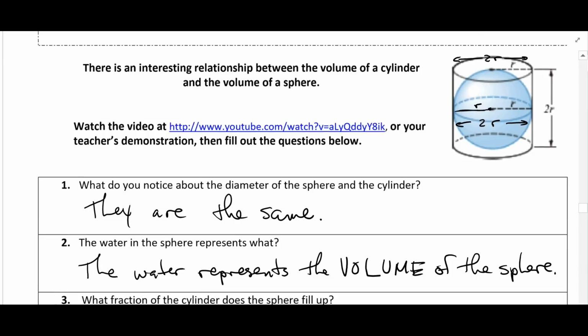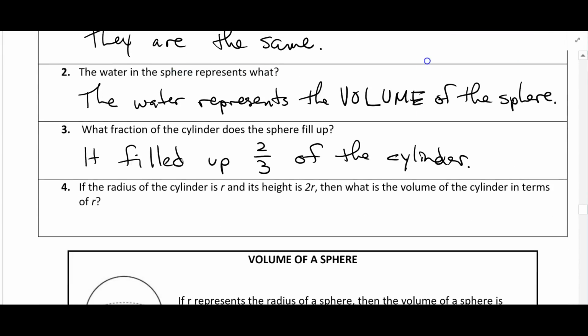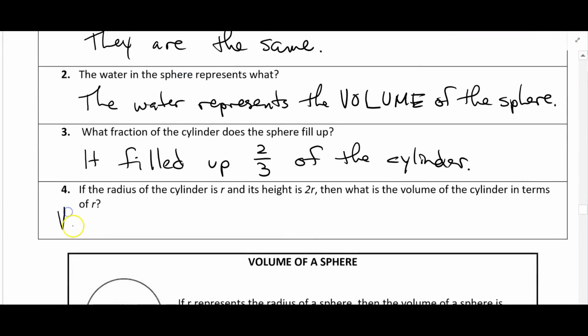So notice here, the height is 2r and the radius is r, and we know that the volume of a cylinder is pi r squared times h, and in this case the height is 2r, so it's pi r squared times 2r, and if we simplify we get 2 pi r cubed.